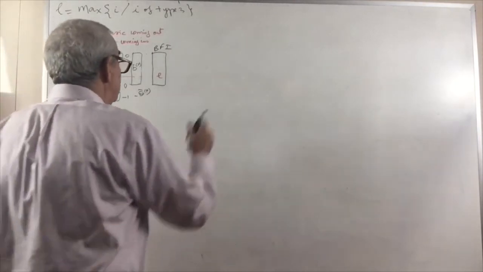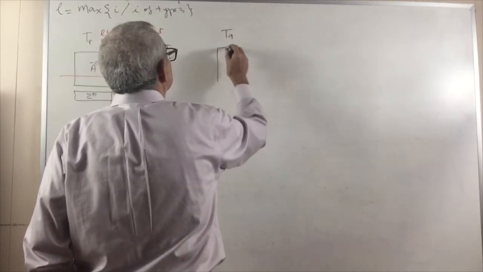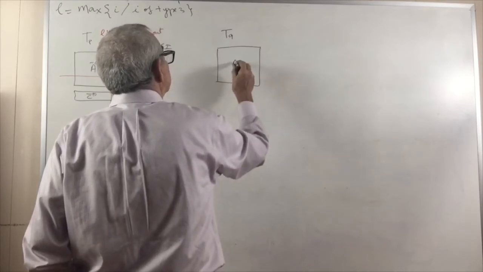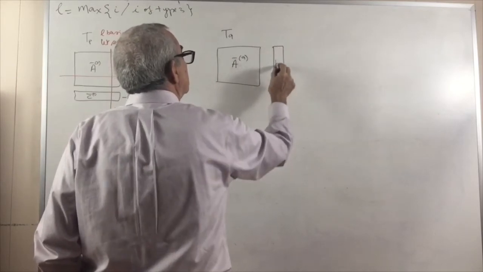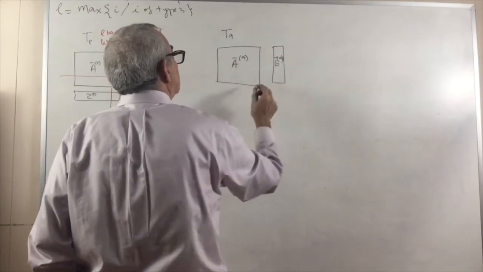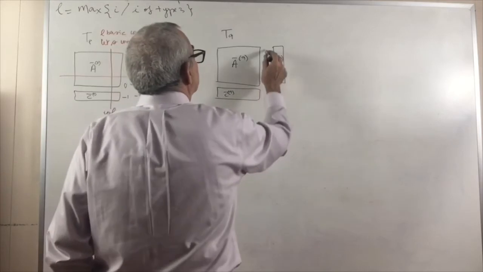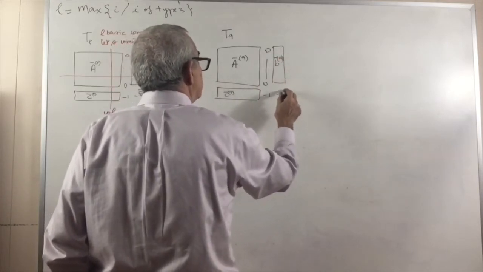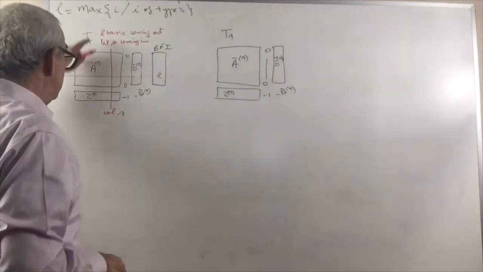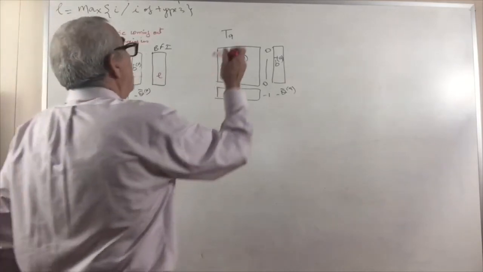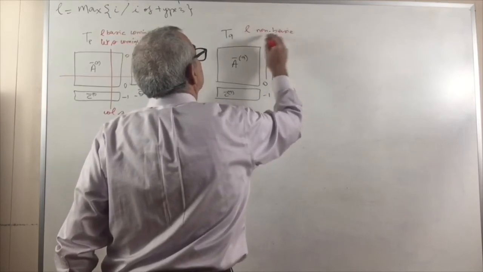And then Tableau TQ: B bar of Q, C bar of Q, and then our objective -1 minus theta bar of Q. So in here, remember L was basic coming out, so here L is non-basic coming in.